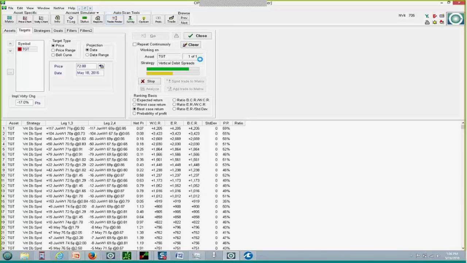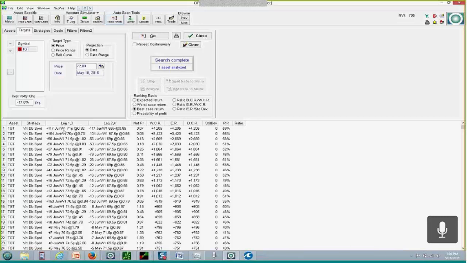Go fetch. So here you can see best case return and the probability of profit based on my assumptions and based on the formulas and the inputs coming in to OptionVue. And here they have some interesting trades that I never would have thought of. Look at this.